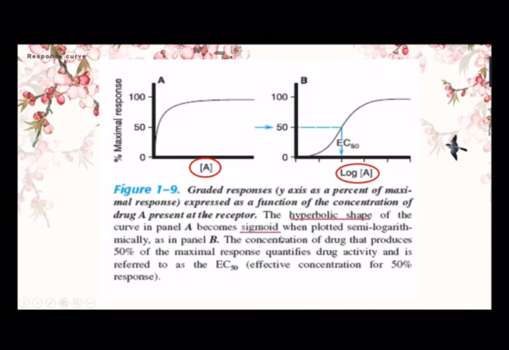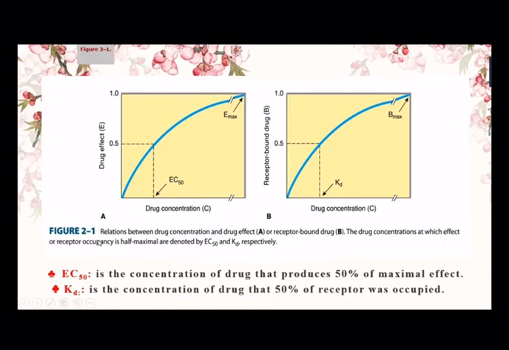Look at this graph. A is the relation between drug concentration and drug effect. B is the relation between drug concentration and receptor-bound drug. We have then EC50, the concentration of the drug that produces 50% of maximal effect.